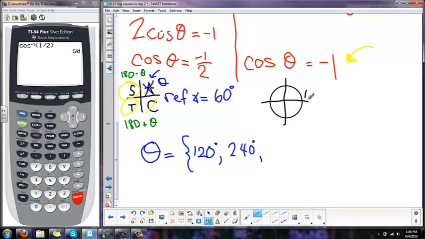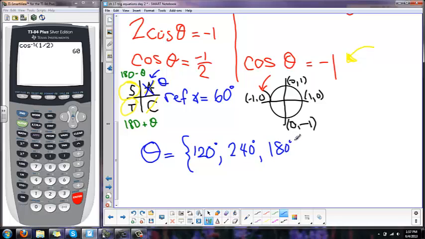So if I go around and I label all these points: 1, 0, 0, 1, negative 1, 0, and 0, negative 1. I'm going to look for all the places where the x value, where cosine, is equal to negative 1. And it's only equal to negative 1 at one spot right here, which is 180 degrees.